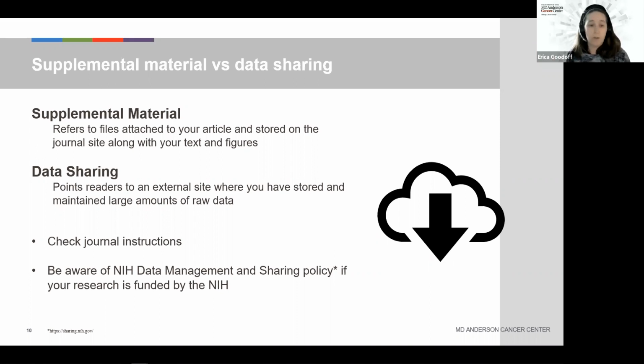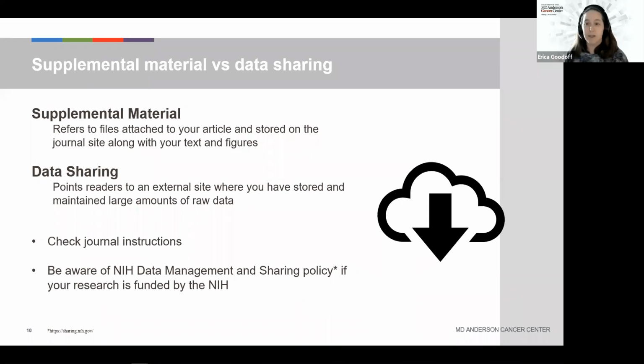And journals have policies about data sharing, just like they have about supplemental information. So I'll refer you again to look at journal instructions. As far as data sharing goes, that's a whole other topic, and we definitely don't have time to cover it in 2 minutes.